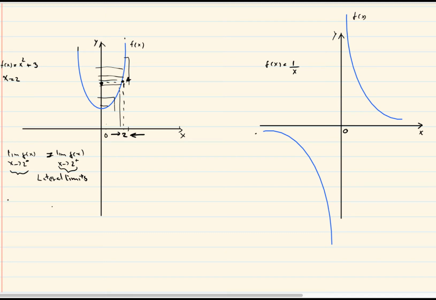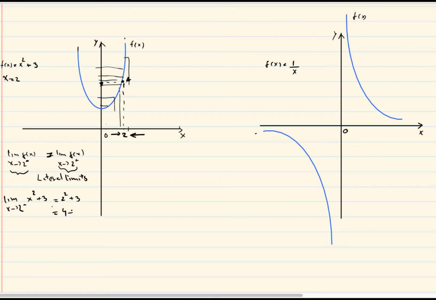So let us prove it mathematically. We have the limit when x tends to 2 from the negative side. This function doesn't have any issue if we do direct replacement. So we just replace wherever we have x by 2. This sign is not a minus, it's just indicating the side from which we're coming. So we have 2 squared plus 3.